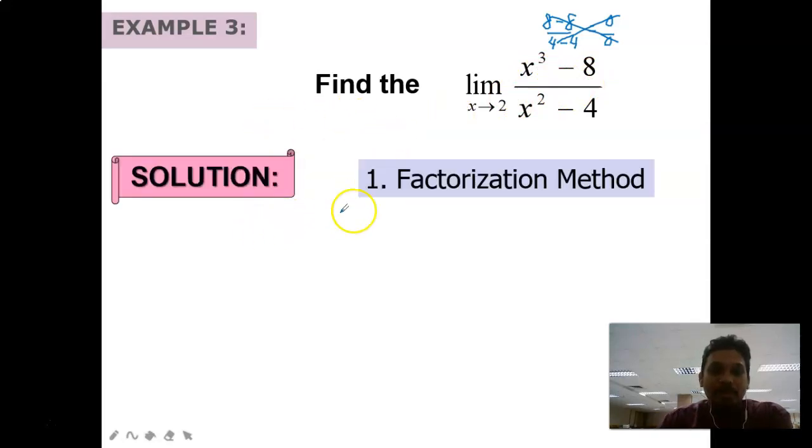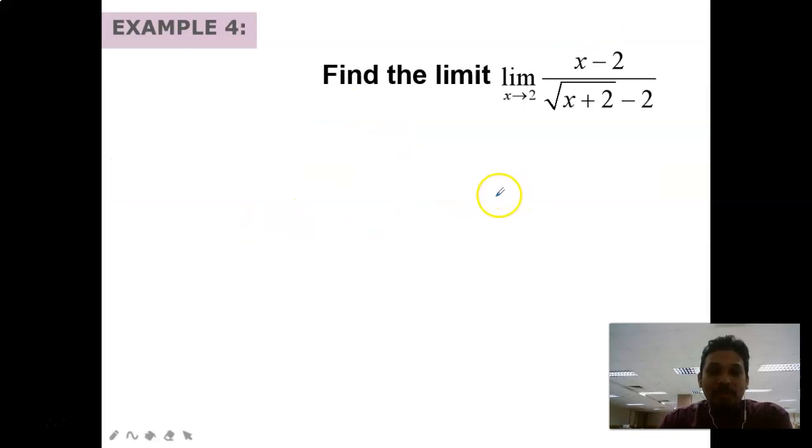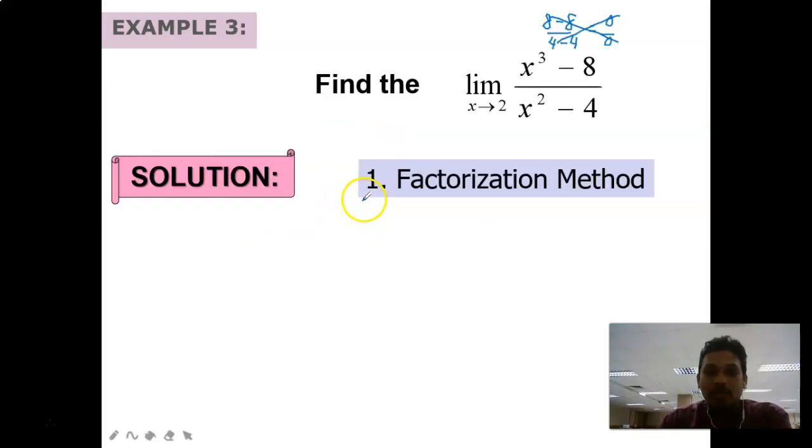So now, the factorization method, which is the limit as x approaches 2 of x cubed minus 8 divided by x squared minus 4.